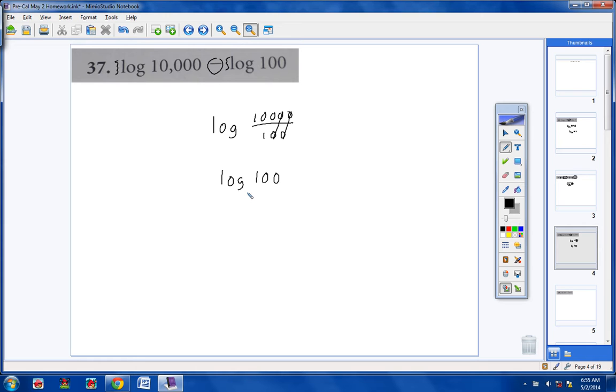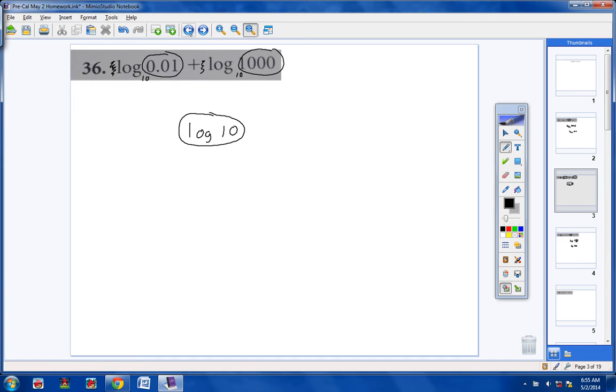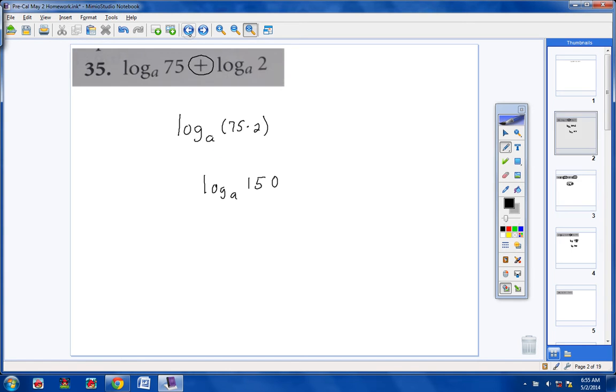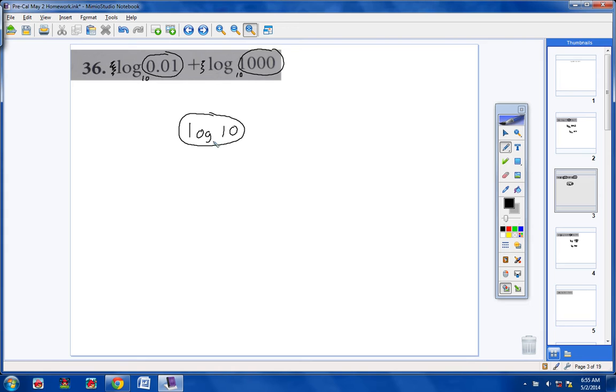And I'm going to show you why. You kind of learn to recognize these after a while. And this one too, I should have taken number 36 further too, and I apologize. Log base A of 150, really nothing you can do. But this one here, remember there's a base 10 here, and anytime you have a base 10 and the argument can also be written with a base 10, you really should take that a little further, and I apologize for not mentioning that.